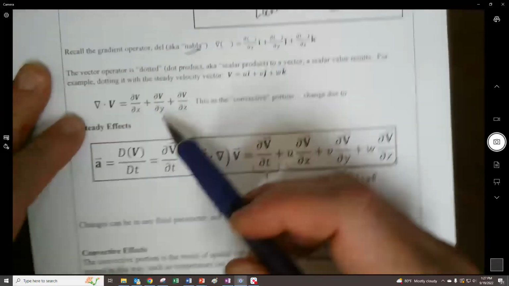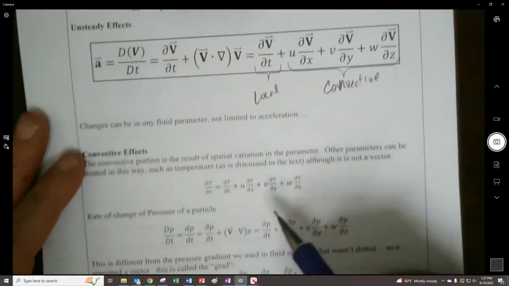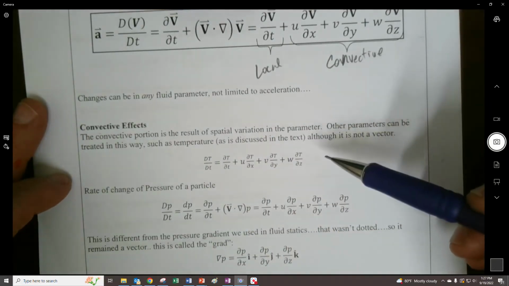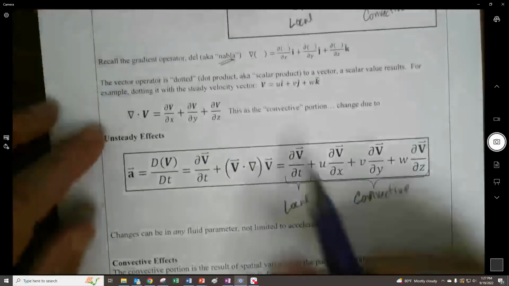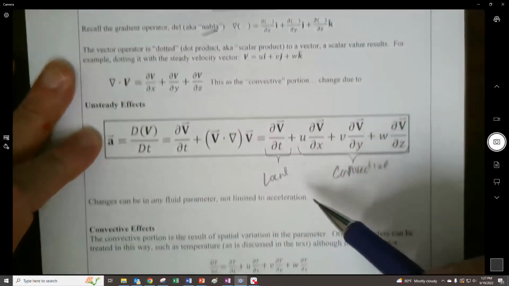So right here we've got the dot product. But we also previously used that for the pressure.